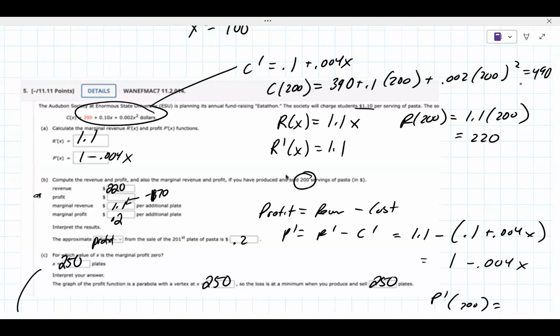It didn't take that, but everything else is correct. Revenue minus cost, it's 270, and it's still negative.